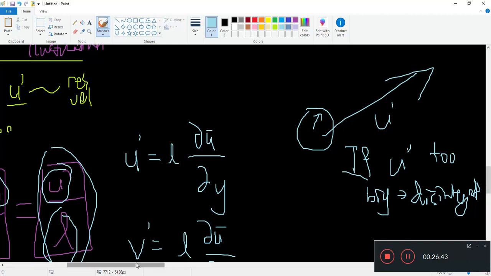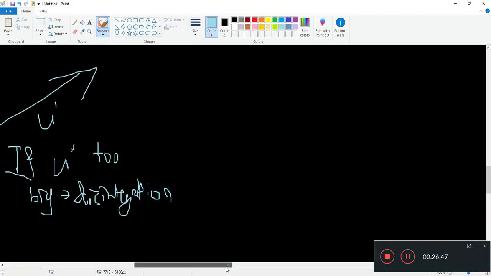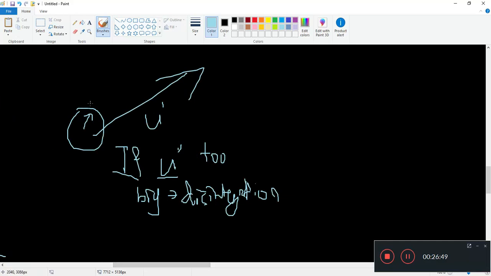So if u prime is too big for this ball, we will have a disintegration effect, and then we cannot estimate this u prime. But assuming that the fluctuating part of the turbulent velocity is not too big, and this ball manages to stay together, then we are able to find an estimate of u prime.